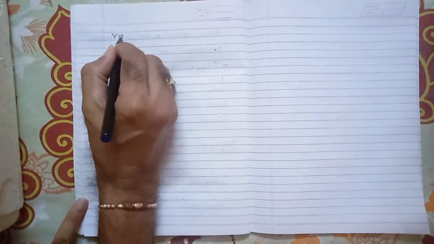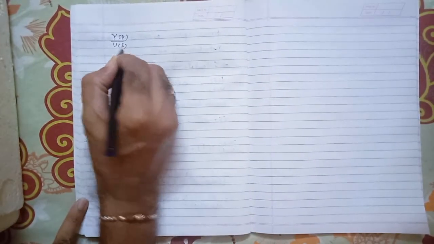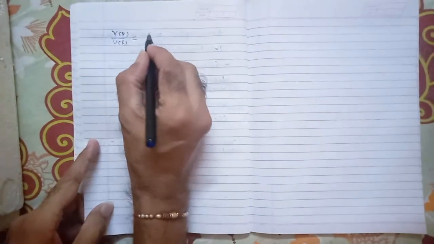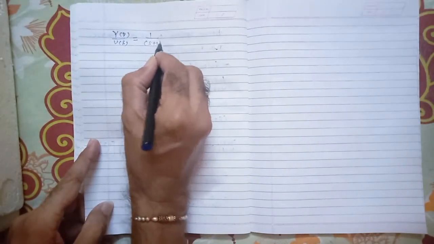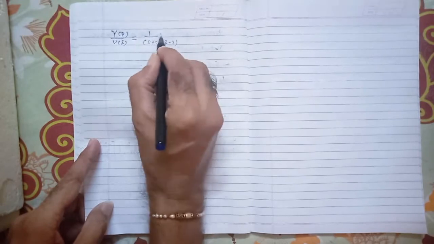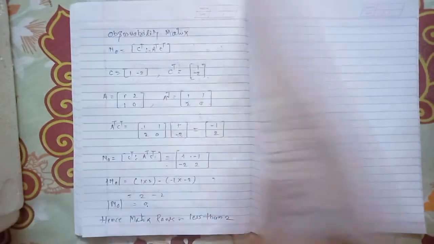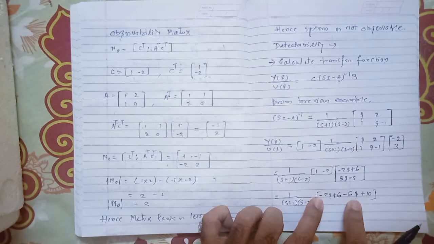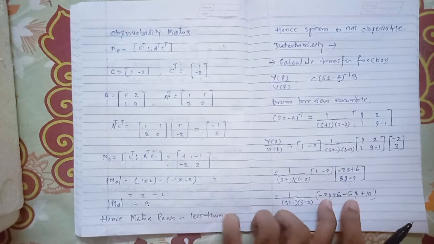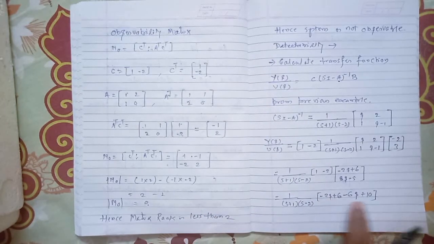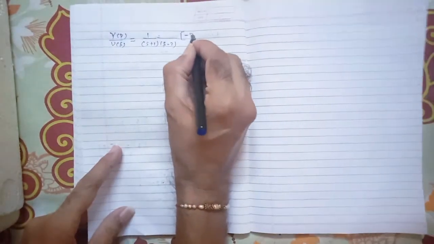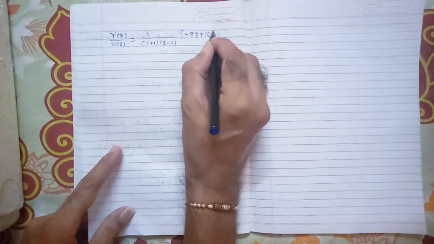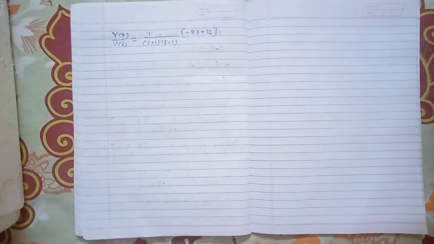So we can write Y(s)/U(s) equals 1 divided by (s + 1)(s - 2), and here it is -2s - 6s, that means -8s, and 6 + 10, that means 16, so -8s + 16.